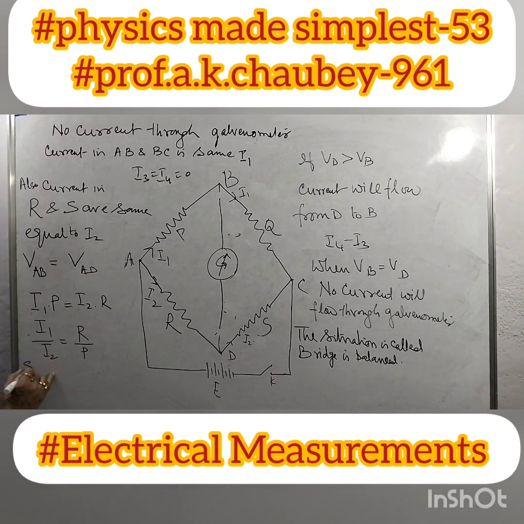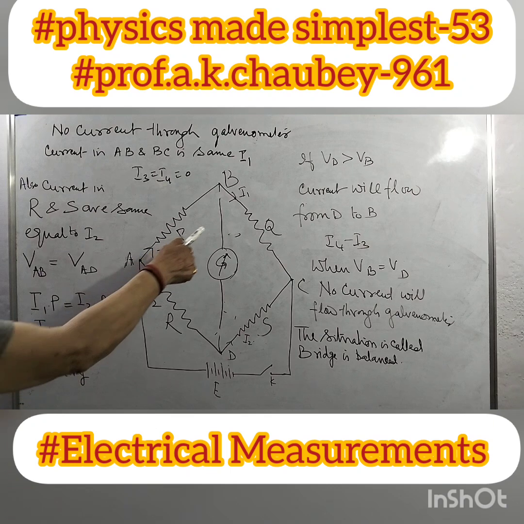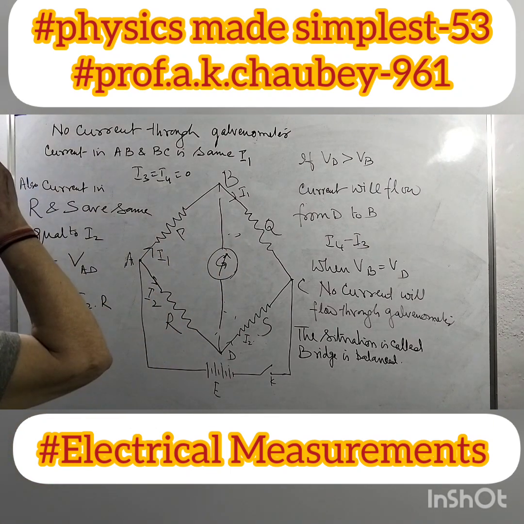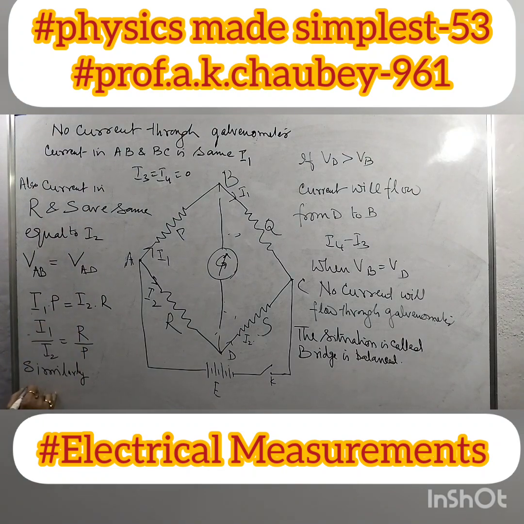Similarly, when the bridge is balanced, no current flowing through this, total current going is I1. Similarly, potential across BC, VBC, must be equal to VDC.